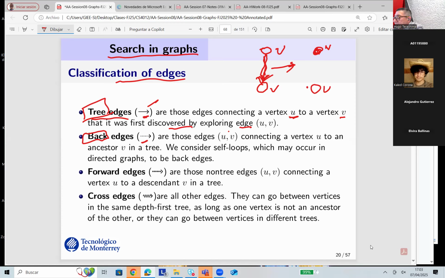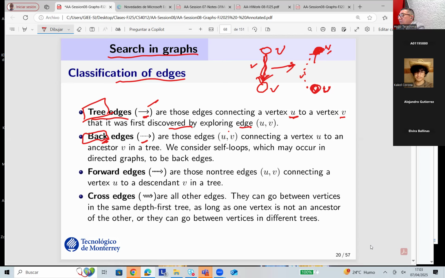I'm going to find this edge from U to B in such a way that I connect to an already visited ancestor, which is B. So this is going to be a back edge, when I connect to an ancestor of U. Or in other words, this B has already been visited before.